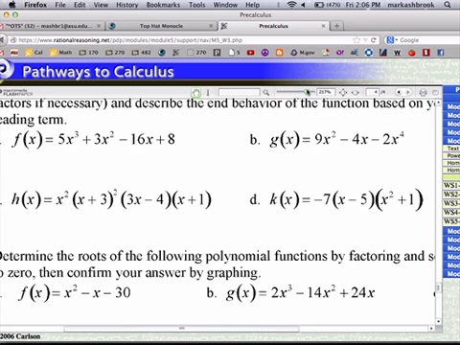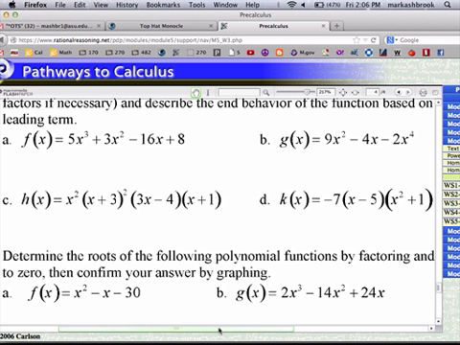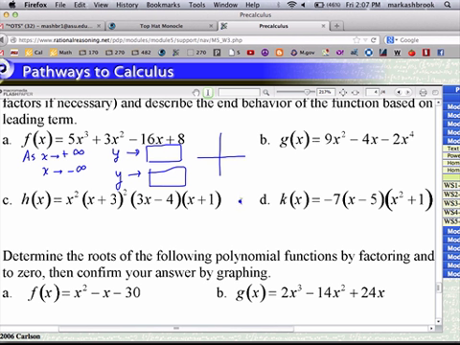So, first step, figure out what the leading term is. And then you answer two questions.